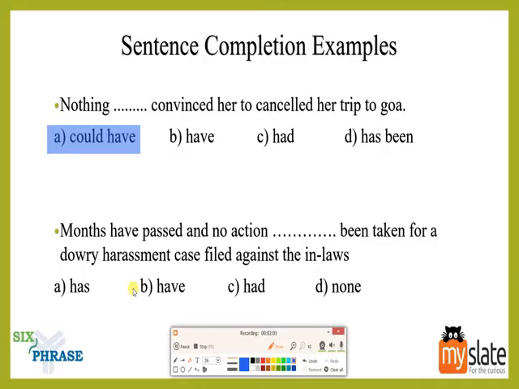Months is plural, so they have used the plural verb. And no action is singular, right? When they are saying months have passed, they are talking about now, which is present. Since it is present and singular, we go with has, right? Very simple. Now let's look at another example.